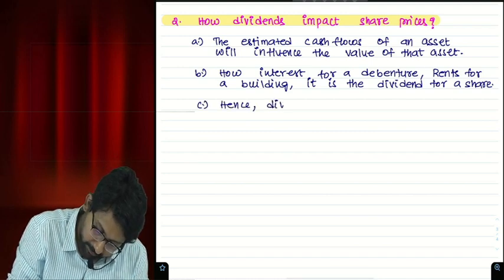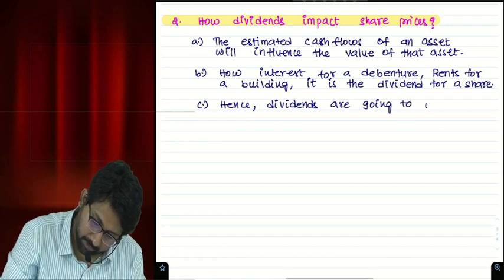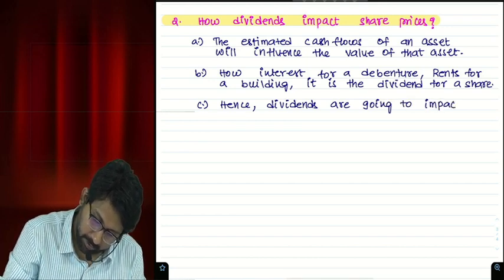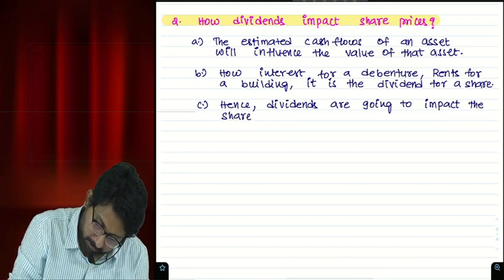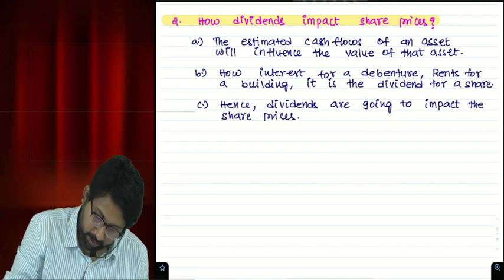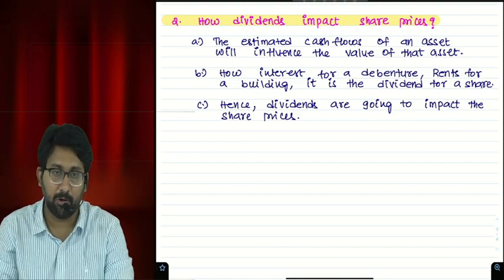Hence, dividends are going to impact the share prices. How? We are going to prove now.